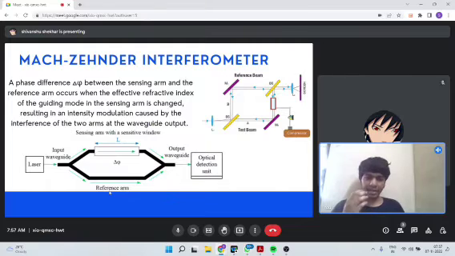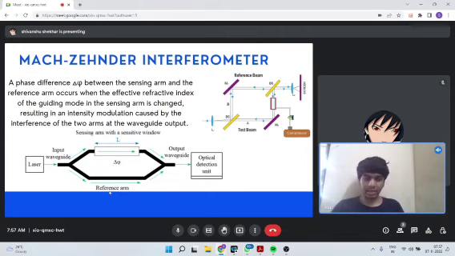So moving on to the next type of interferometer, which is the Mach-Zehnder interferometer. This works on a principle of, as I mentioned, the main variable here is the optical path more than distance. So here what we do is we induce a difference in optical path by adding a certain medium which is different to the normal medium.